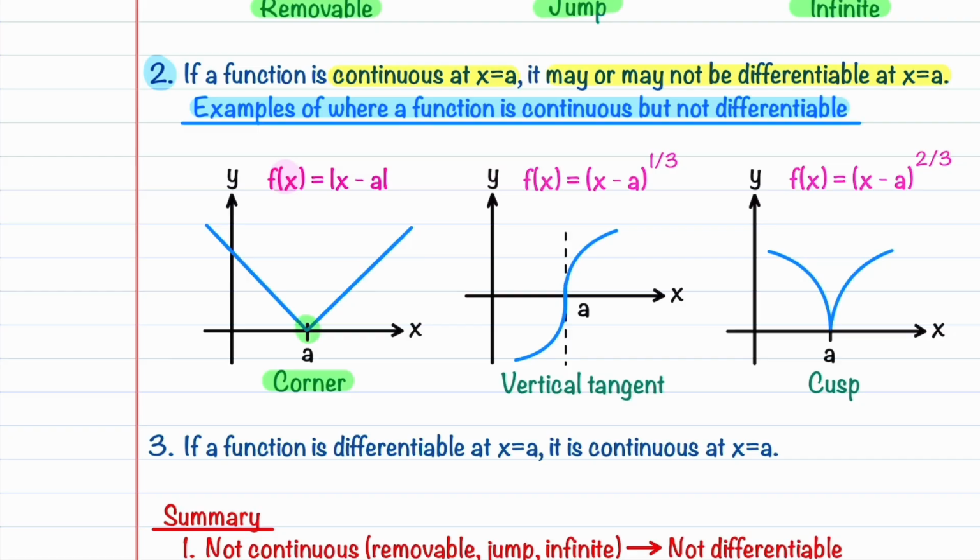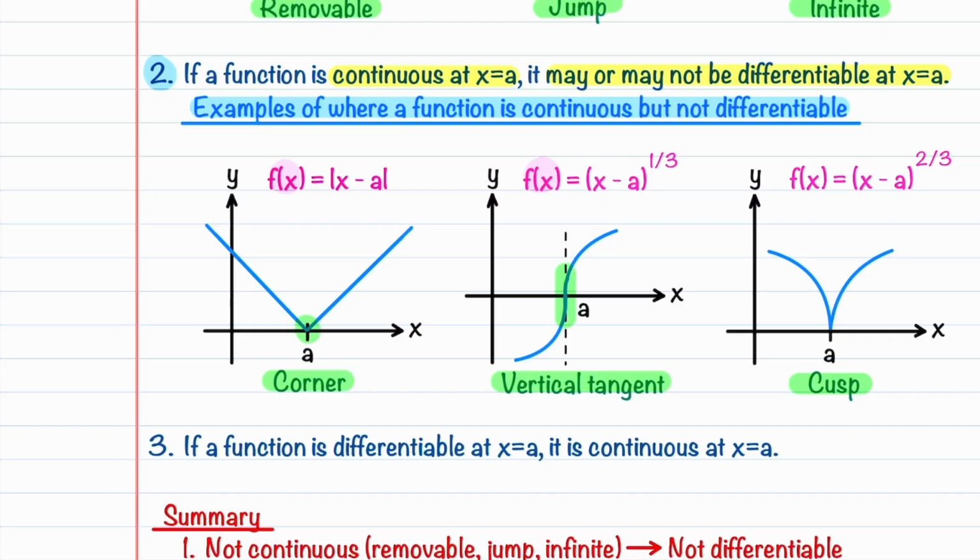The next type of function that is continuous but not differentiable is where we have what's called a vertical tangent. So at some point on a graph, the slope is infinite. An example of this type of function would be f of x equals (x minus a) raised to the 1/3 power. The last type is where we have what we call a cusp.